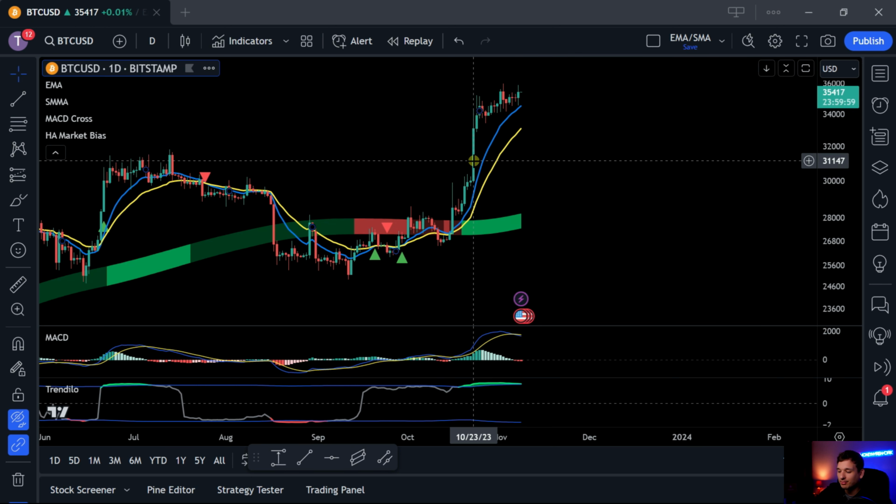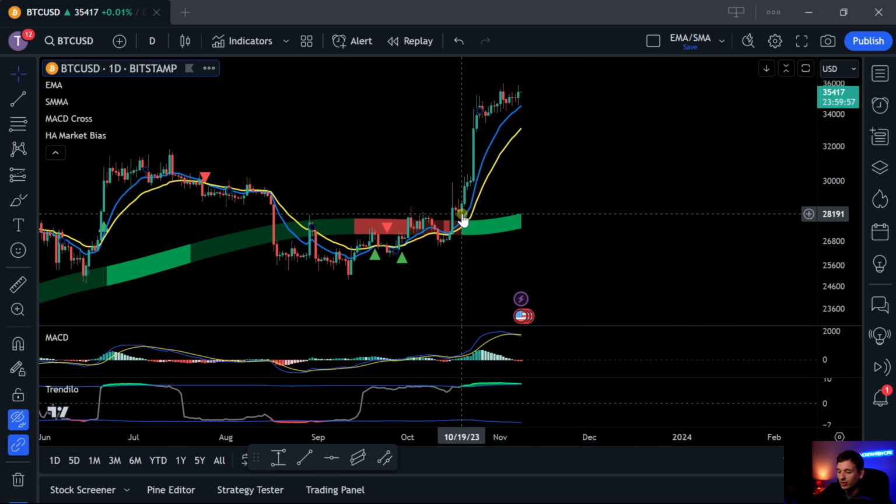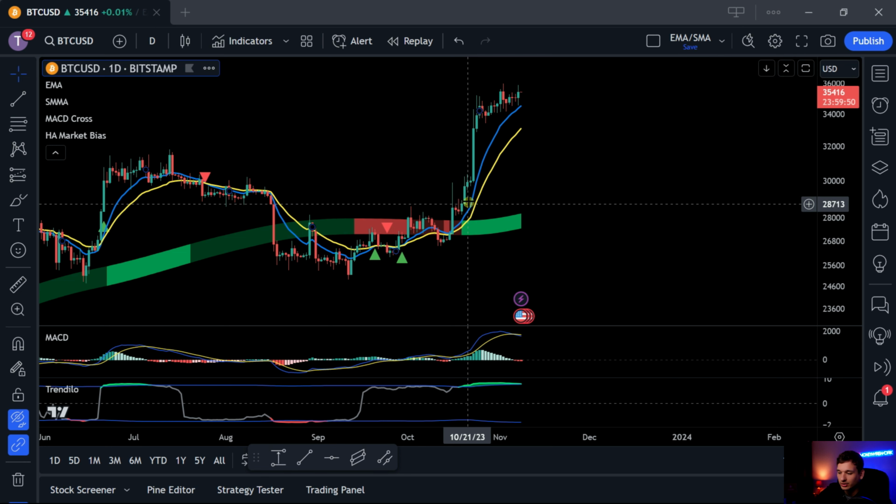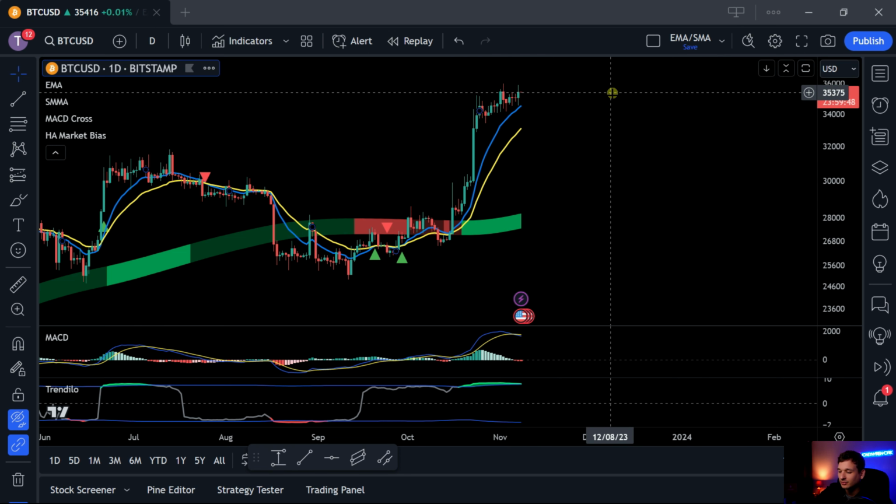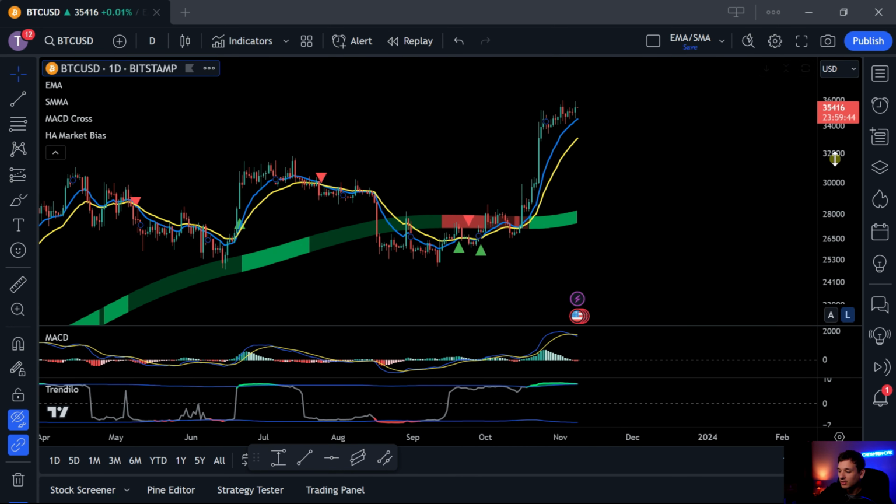So this right here was a buy signal according to our setup, right? This was a perfect setup. You had all the indications and you were up pretty big. So that just shows you the true power of this setup.